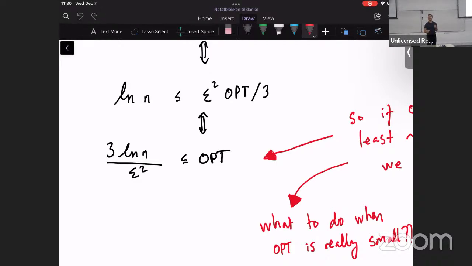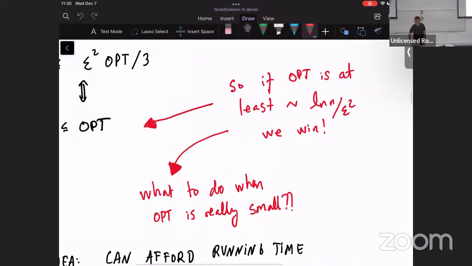Unless you get an input where the closest string is really, really good, your LP rounding is actually going to be doing great. It only fails if there exists a solution that is really, really good, and then the error of your LP rounding might overshoot that.